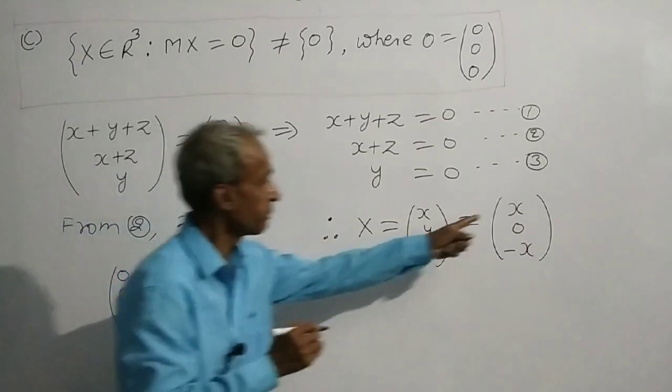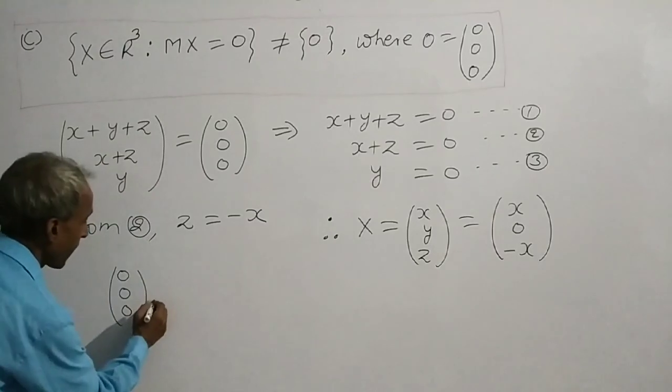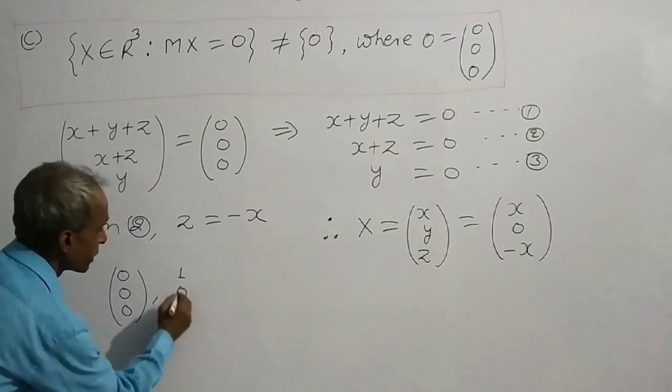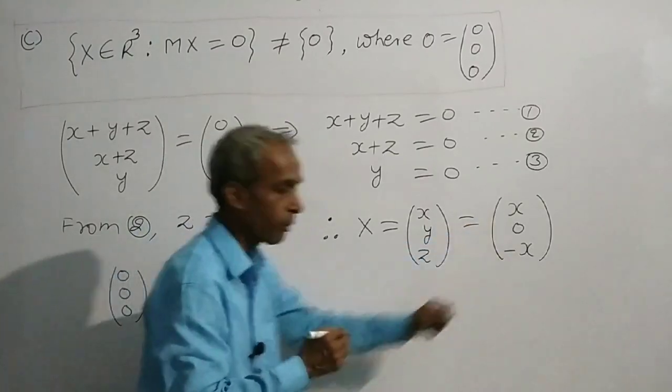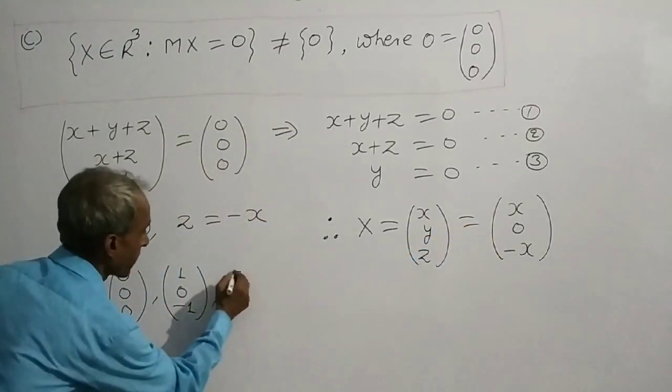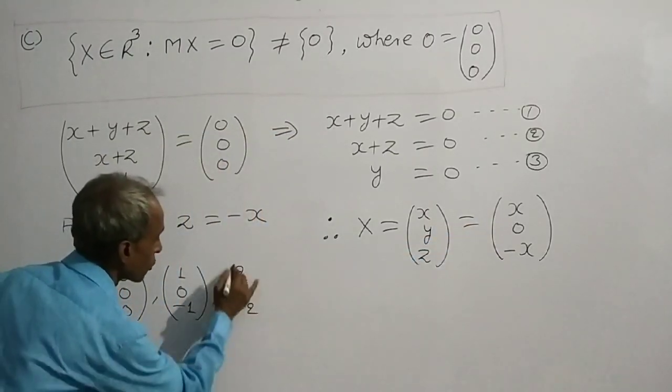When we write 1 in place of x, we get another matrix 1, 0, minus 1. When we write 2 in place of x, we get another matrix 2, 0, minus 2.